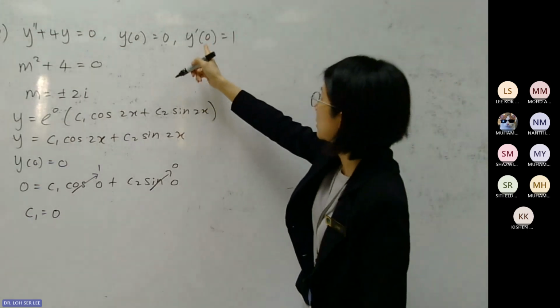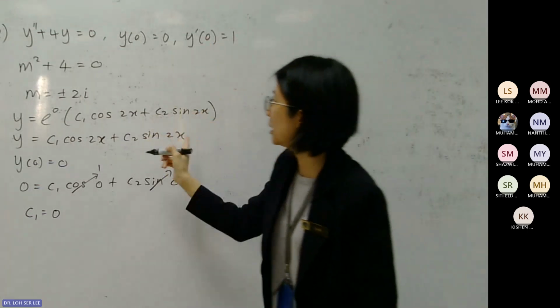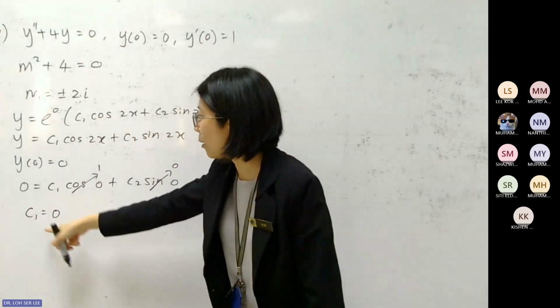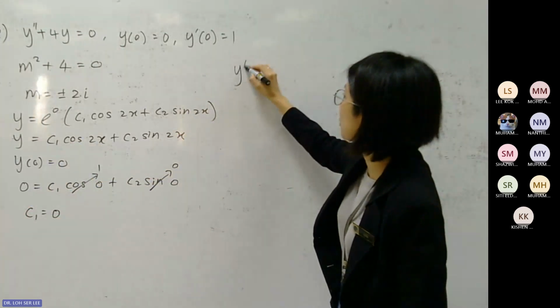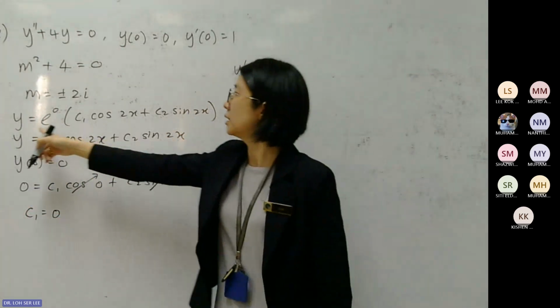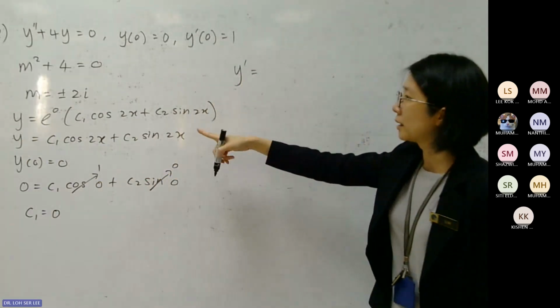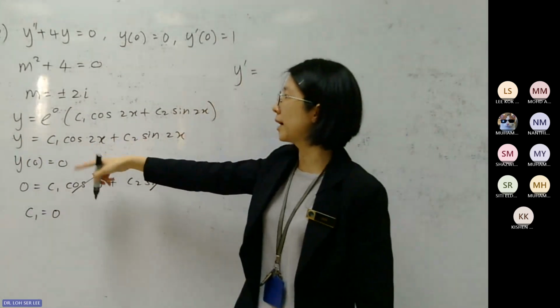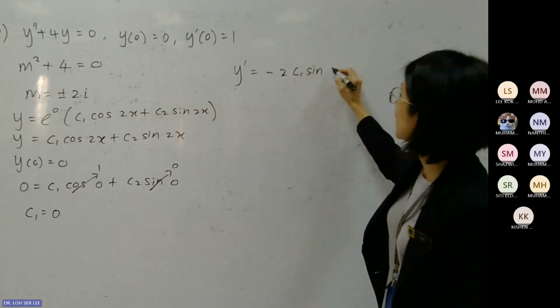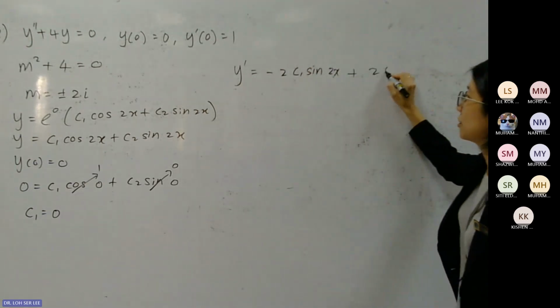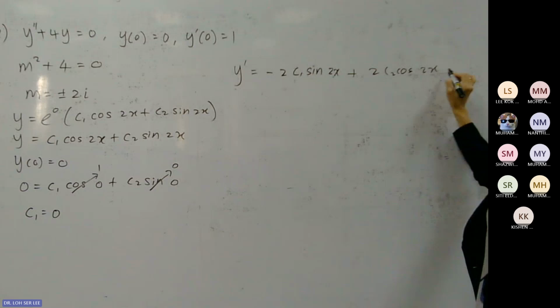Without updating the solution, the differentiation of y is negative 2C1 sin 2x plus 2C2 cos 2x.